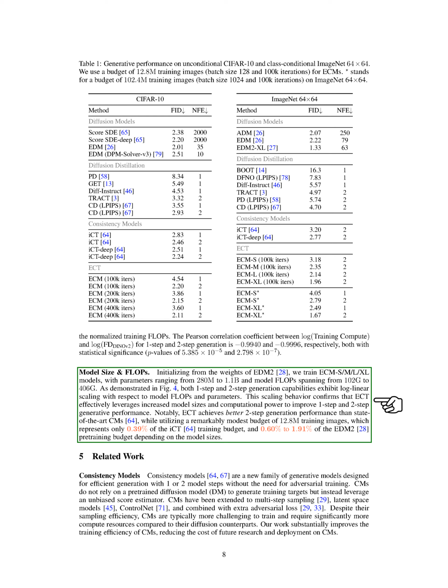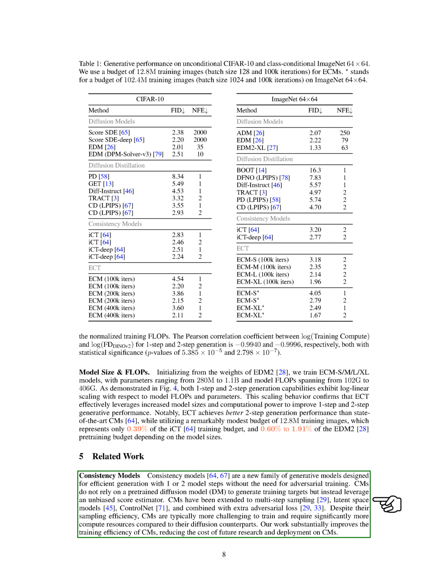Section: Consistency Models. In this section, we discuss consistency models, which are a novel type of generative models aimed at efficient generation in just one or two model steps without the need for adversarial training. These models, known as CMs, do not depend on a pre-trained diffusion model, DM, for generating training targets but instead utilize an unbiased score estimator.